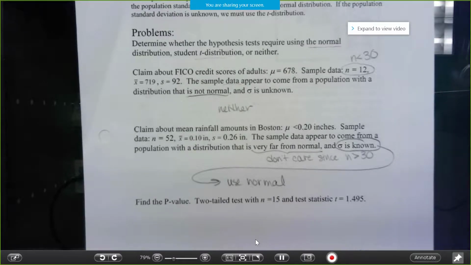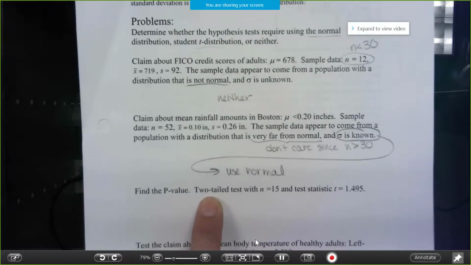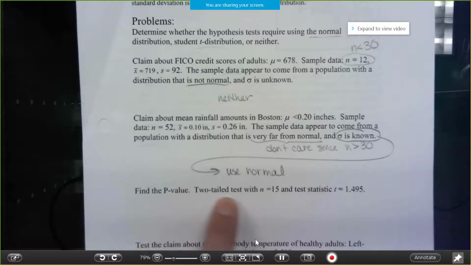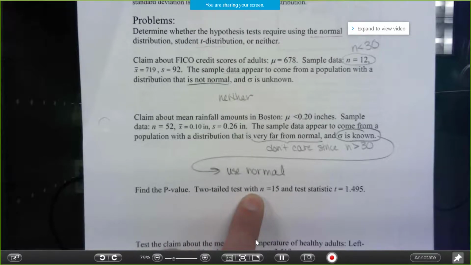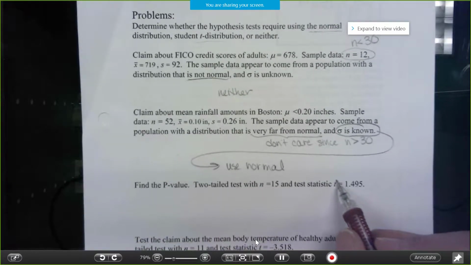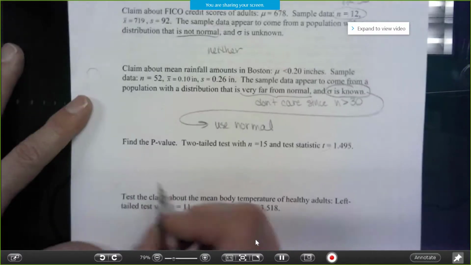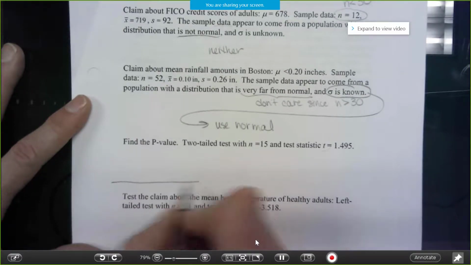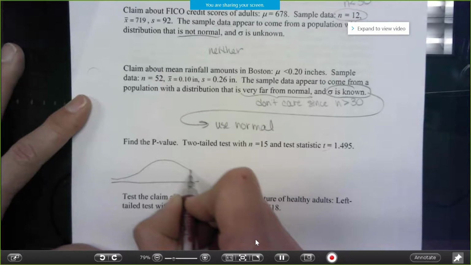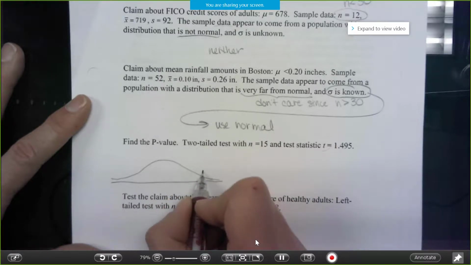Okay, so here it says find the p-value. It's a two-tailed test with n equals 15 and test statistic t equals 1.495. So if our test statistic is a t-value, then we know we're using the t distribution. And it's a two-tailed test.